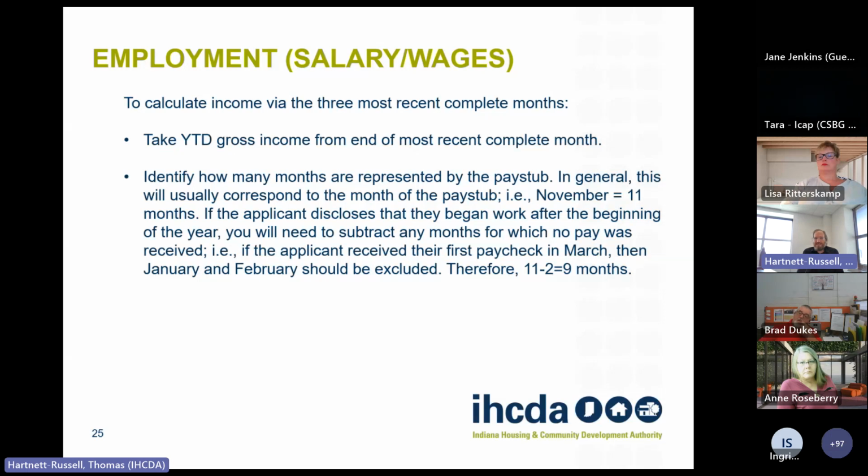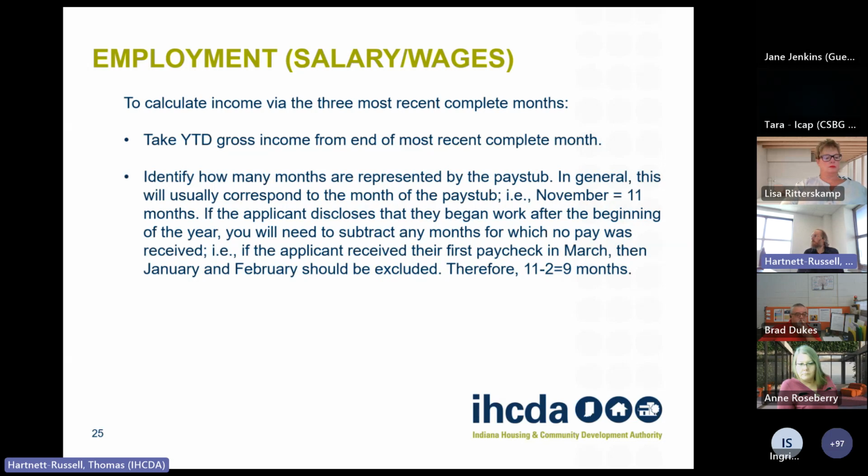We're getting pretty in the weeds as far as mathematical concepts here, but yeah, you would only use one. I think it would be better for the applicant generally to use the pay stub that has more weeks represented in it.